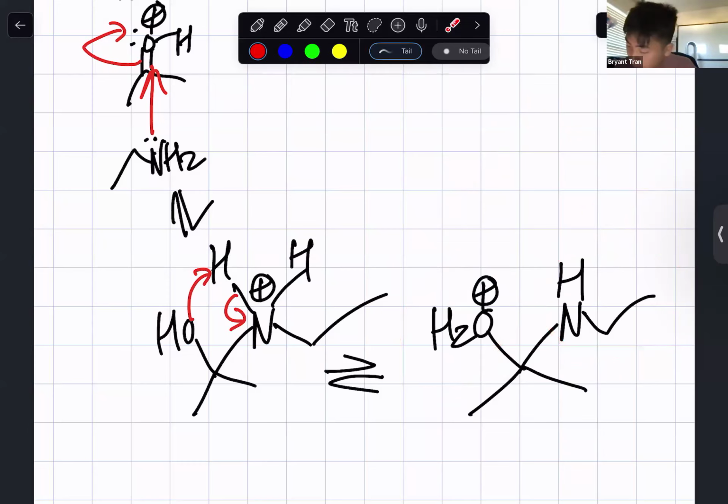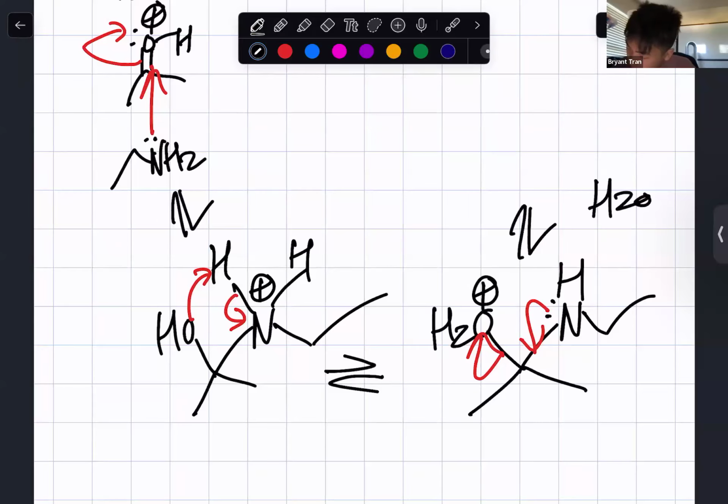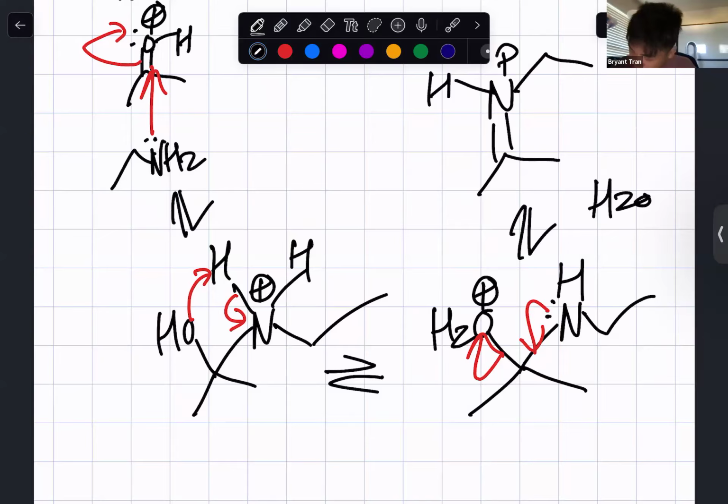Now, like we said earlier, we don't just want to kick it out by itself like that and form a carbocation. The driving force is to create a double bond nearby with this species, making a carbon double bond nitrogen and forcing that water to leave as a leaving group, H2O, and form this iminium ion.